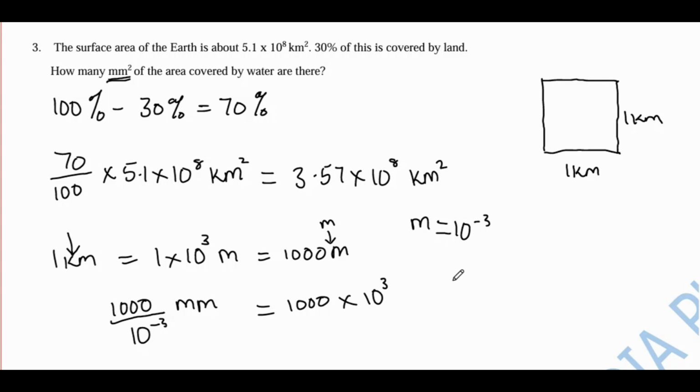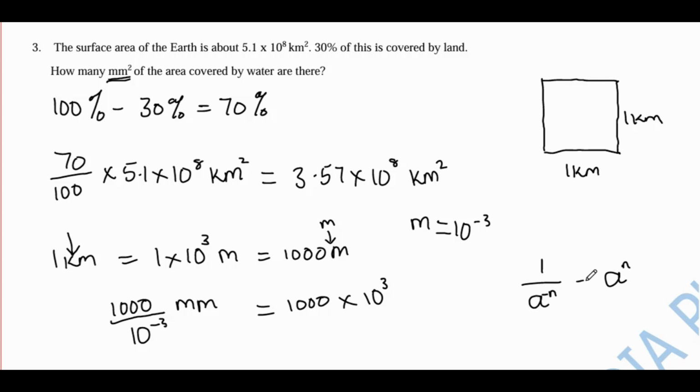Now I have used indices. I emphasize, if you've not watched the video on indices, you need to watch so that you get familiar with working with indices. For example, if we have 1 over any number raised to power negative n, we can get the reciprocal here, and then the index becomes positive.